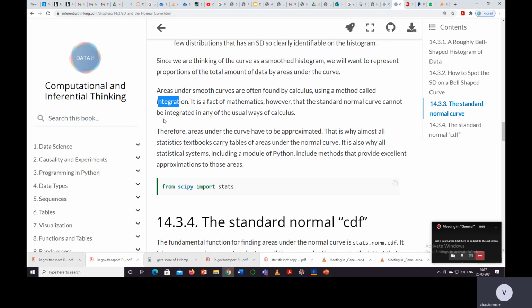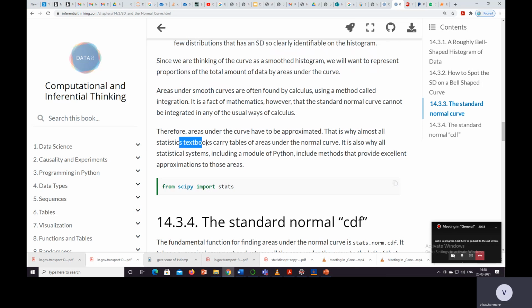We start from minus infinity to plus infinity, and if the range is given like a to b and elsewhere it is 0, then we take the integration directly from a to b, and for minus infinity to a we keep 0, and for b to plus infinity we keep 0, and we find the integration of the middle one. Okay, so therefore areas under the curve have to be approximated, and that is why almost all statistics textbooks carry tables of area under the normal curve.